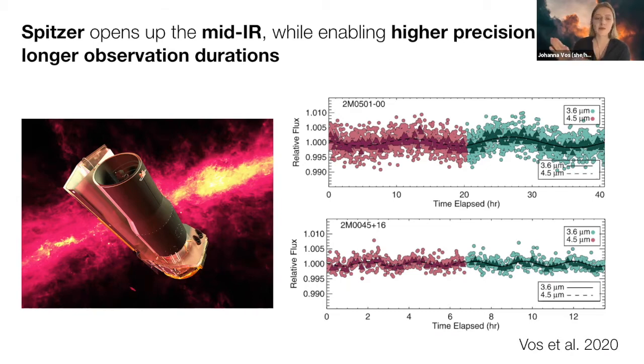On the right, I'm showing you two brand new variables that are both low gravity. They both have masses of about 20 Jupiter masses, and we published this year. The pink points and the green points are showing you the Spitzer channels 2 and 1, and both objects were variable in both channels. And in this paper, we combined these two new variables with the full sample of brown dwarfs, whether they're high or low gravity, that have been observed with Spitzer.